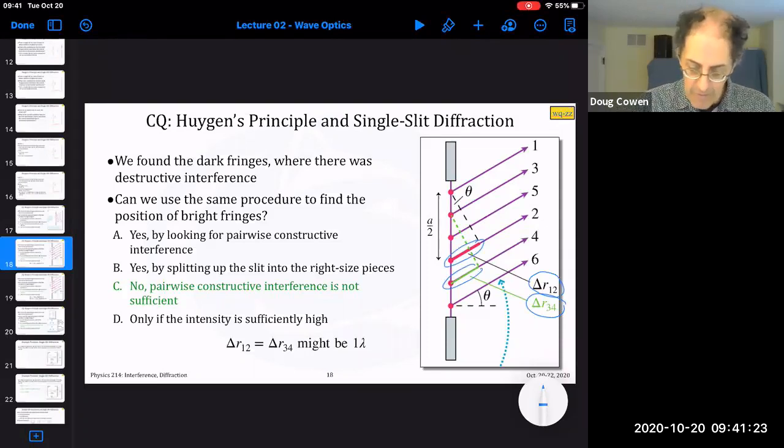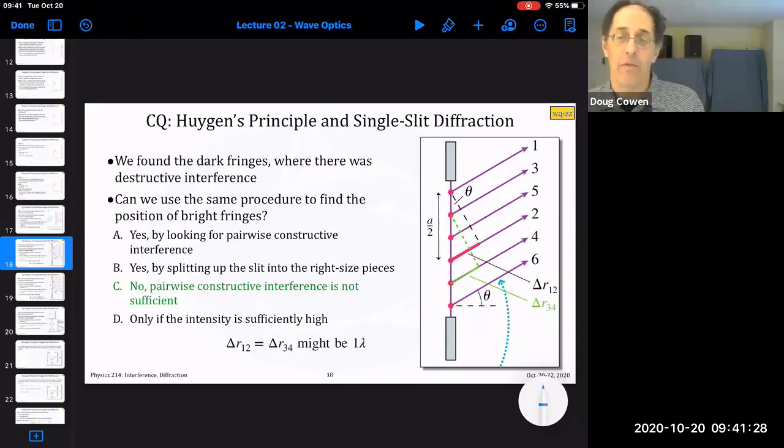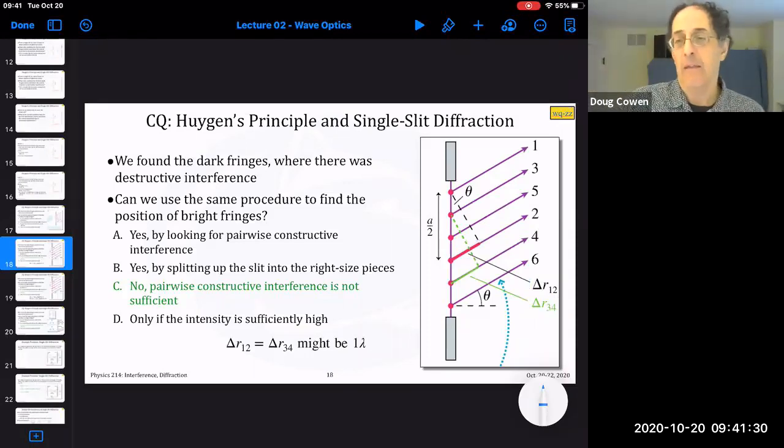We could, in principle, set them to be one wavelength and say, okay, in that case, the pairwise rays are going to constructively interfere, and therefore I will get a bright fringe by applying the condition that a over 2 times sine of theta equals 1 lambda.